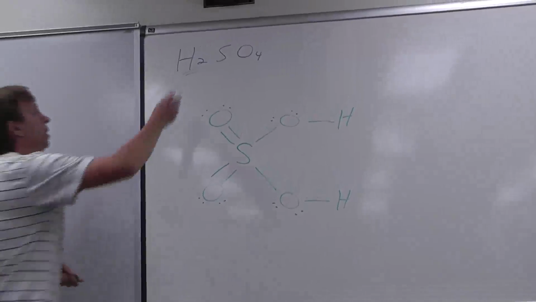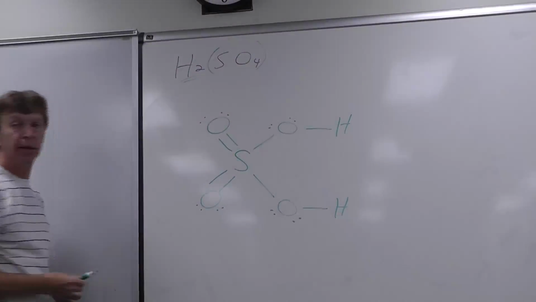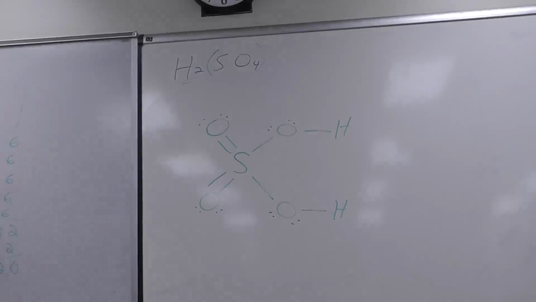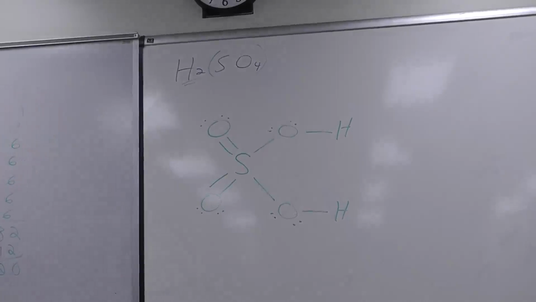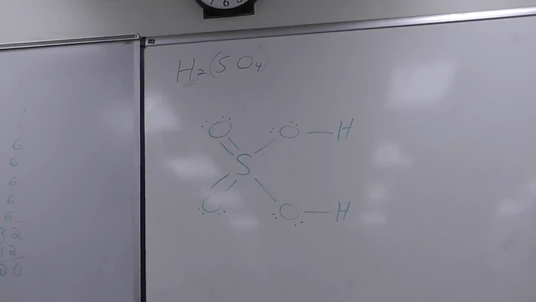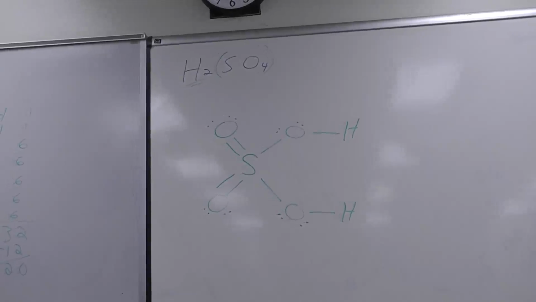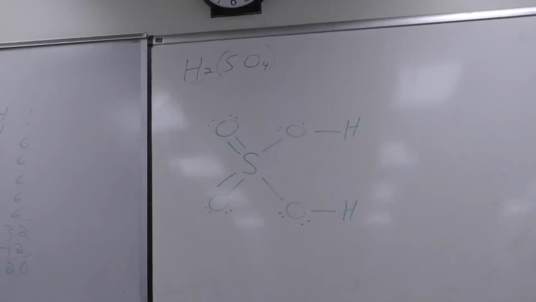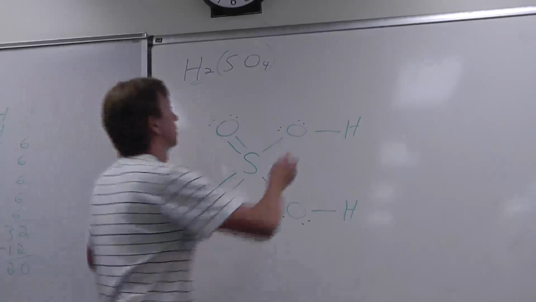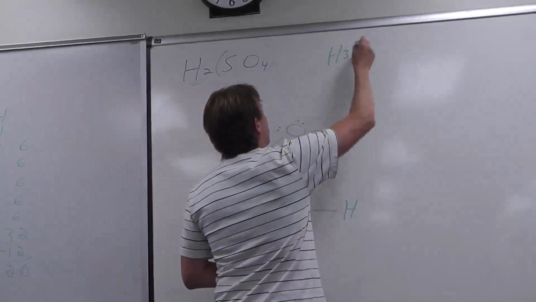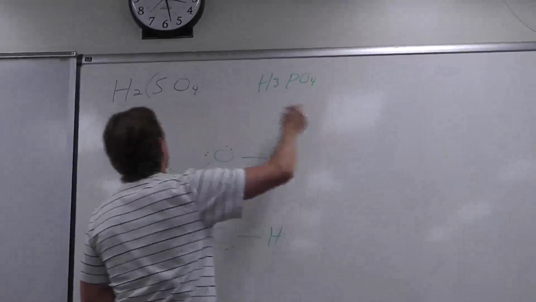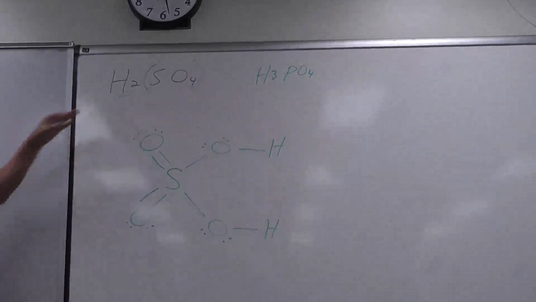If you're dealing with one of these polyatomic ions, then yes. You can't say that it's always going to be attached to oxygen. A lot of times it will. But especially if you see something that's like an acid, like phosphoric acid or sulfuric acid, then yeah.